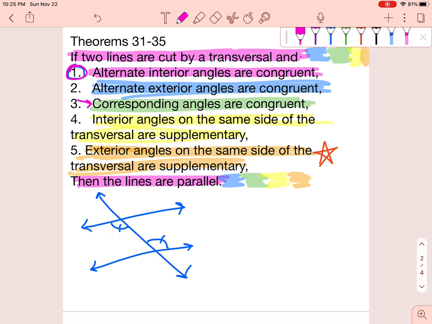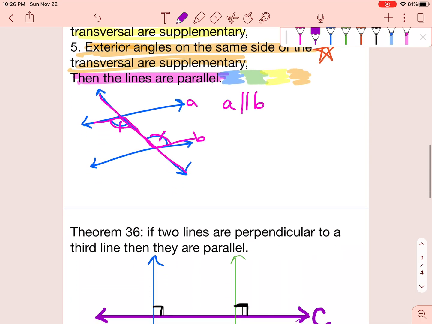So if 2 lines are cut by a transversal, and you see alternate interior, there's my Zorro angles, bam, bam, bam, and alternate interior angles are congruent, then the lines have to be parallel. So I can say because those 2 angles are congruent to each other, A is parallel to B. Okay, so I know those are parallel because alternate interior angles are congruent. So again, this is ways to prove lines are parallel.